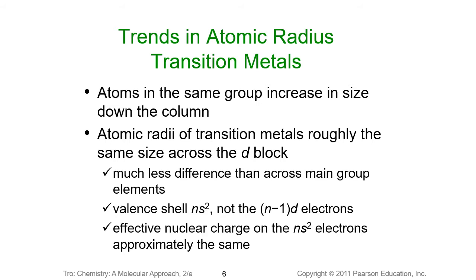The reason for this is that we have valence electrons in a higher energy level than the d block. So the effective nuclear charge on those valence electrons stays approximately the same because we're adding protons at the same time that we're adding electrons into our d orbitals.